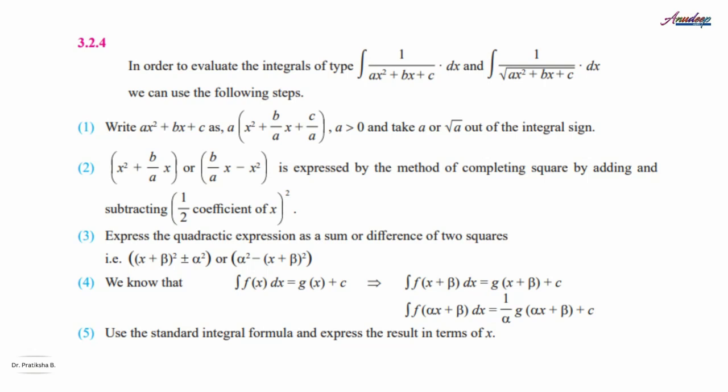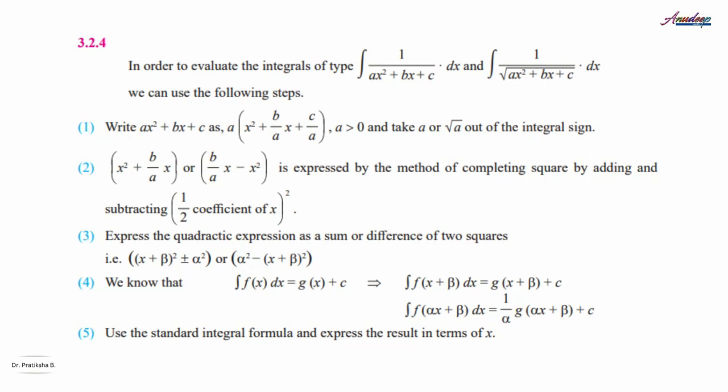If you see the form of 1 over ax square plus bx plus c, or 1 over root of ax square plus bx plus c, we take out a constant from the denominator and rewrite the terms, and then we see if we can express the given quadratic in the form of a perfect square.